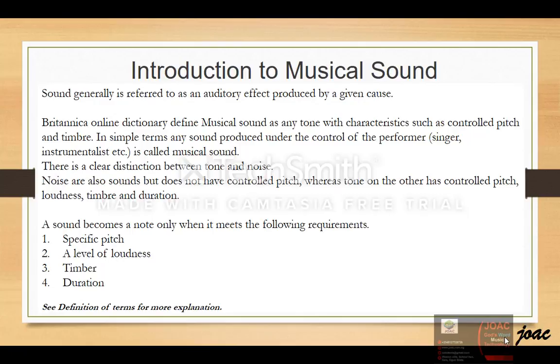It must have a definite pitch; we're still going to discuss pitch later. It must have a level of loudness. It must have a timbre, and it must have a duration: the time it's going to start and the time it's going to stop. Every musical sound has these 4 characteristics.